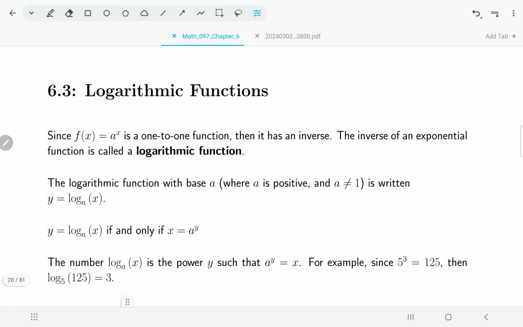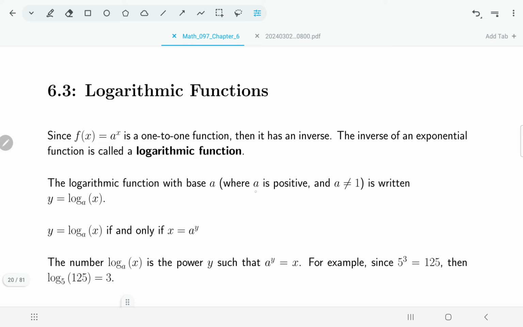One other thing to remind ourselves of: for exponential functions, we restricted what kind of bases we could have. The base had to be positive, and the base couldn't be 1. So for exponential functions, your base was either between 0 and 1, or larger than 1, and that was it. Since those are the only exponential functions we're interested in, for logarithms it's going to be the same.